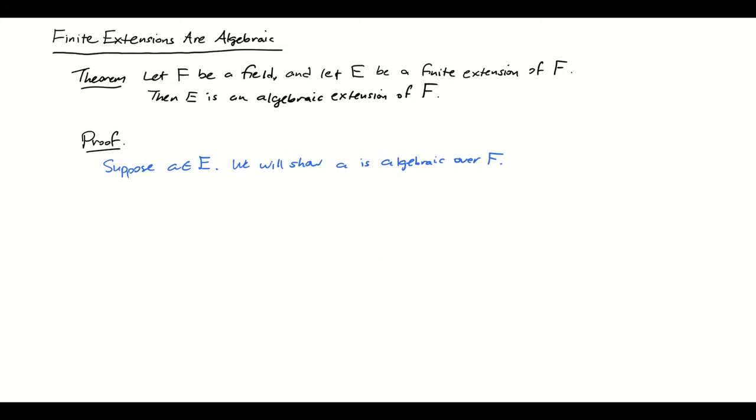So one thing that we know, let's let N equal the degree of E over F. Okay, then N is the dimension of E as a vector space over F. We're going to use that here.